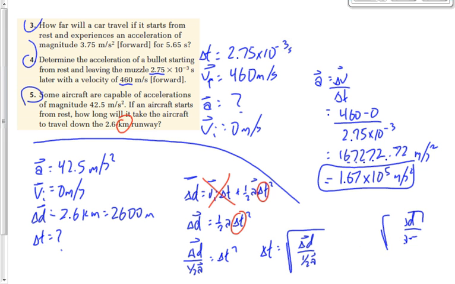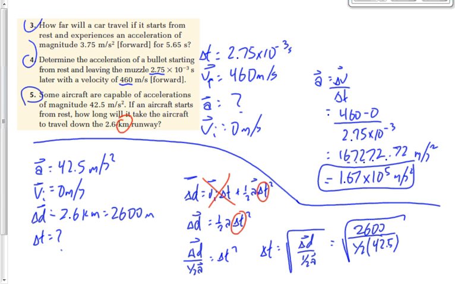Yeah, let's see what we can get here. Displacement is 2,600. 1/2 of 42.5. And then we got to square root that. What does that work out to be? 11.05 seconds, which should round to how many digits? 1, 2, 3, 1, 2.